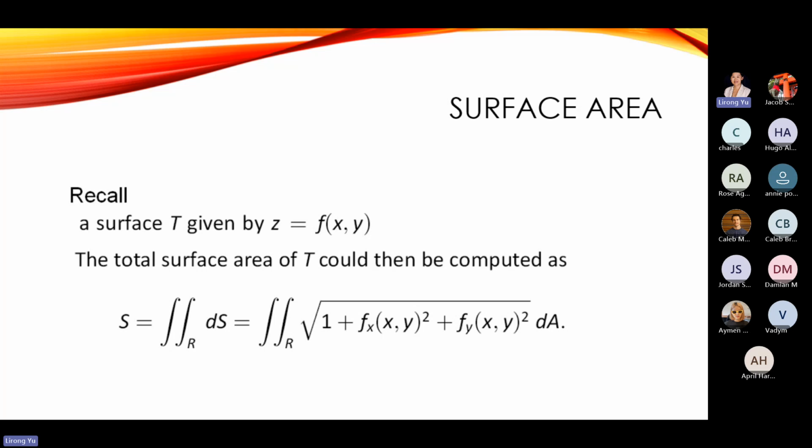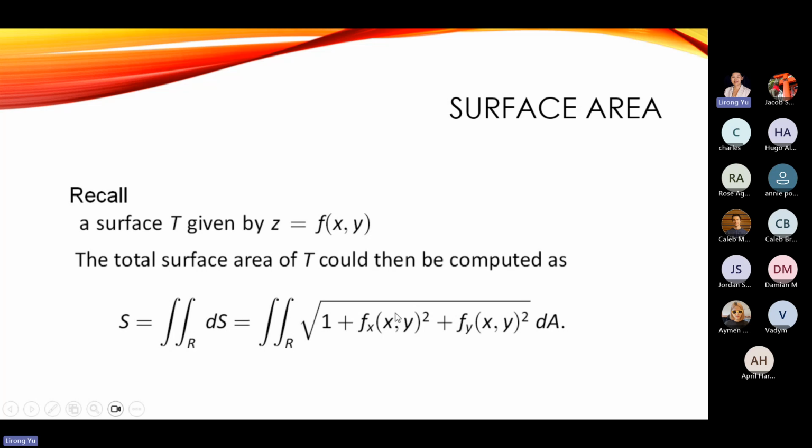Suppose the thickness of the surface is 1 unit. So we're integrating 1 dS. You can think of the integrand as a density. In this case, the density equals 1, which is kind of like a calculation of mass on that surface, but instead we're calculating the size of the surface area.